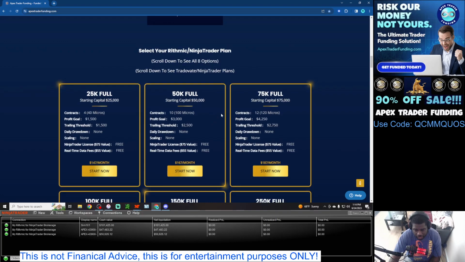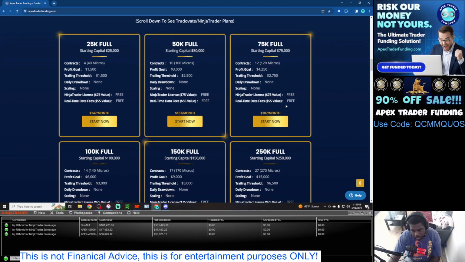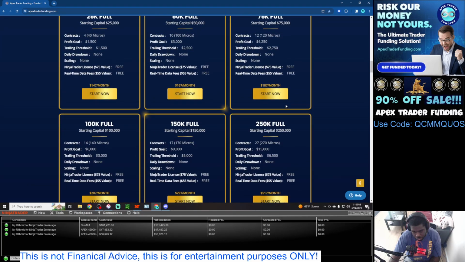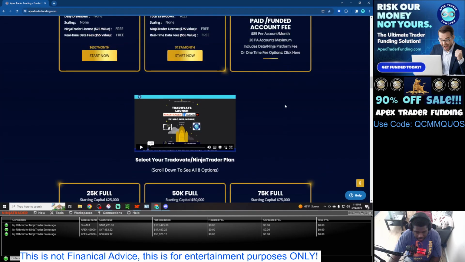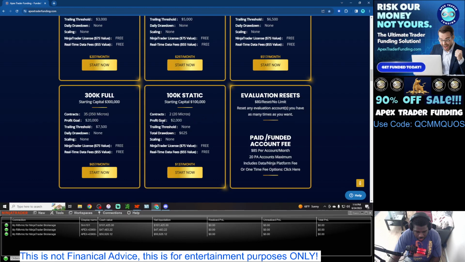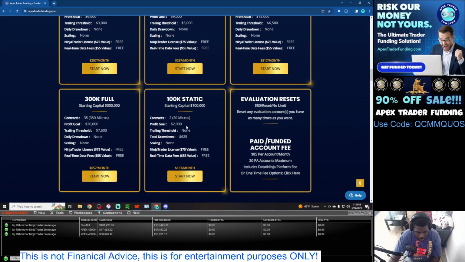Now, going into the accounts themselves, the full accounts are probably the best when it comes to your trailing thresholds. And the static accounts, your thresholds are a little different, if I'm not mistaken.